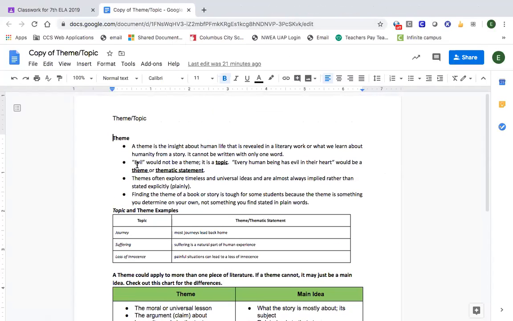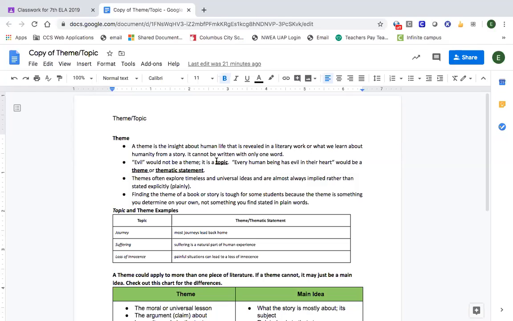Like evil is a topic, love is a topic, hatred, revenge, hero, those are all topics. Whereas a theme is more of a statement, which you guys should probably remember from crossover. It's insight about human life that is revealed in a literary work, or what we learn about humanity from a story. It cannot be written with only one word.